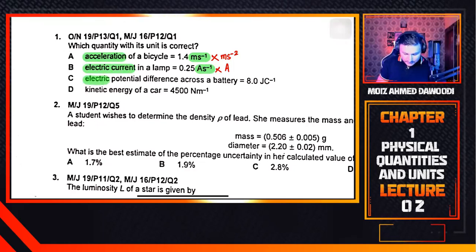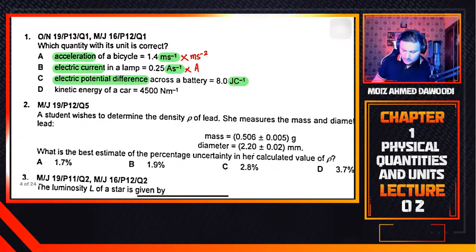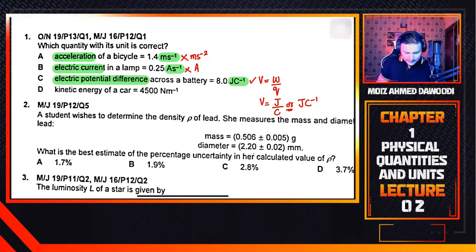Sir, C. Electric potential difference, joule per coulomb, can be right because voltage has a formula V equals W over Q. In terms of units, voltage is volt, work is joule, and charge is coulomb. So you can write joule coulomb inverse. So yes, right. Kinetic energy, Newton meter, no, Newton per meter, sorry.